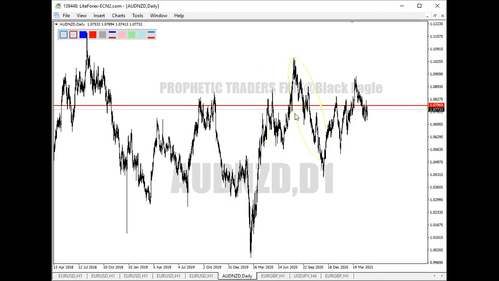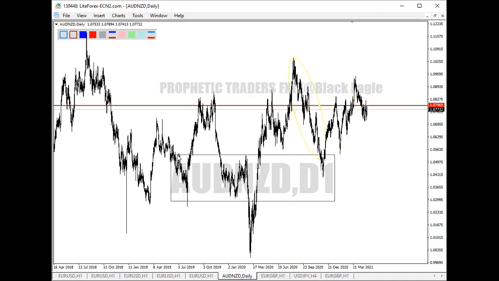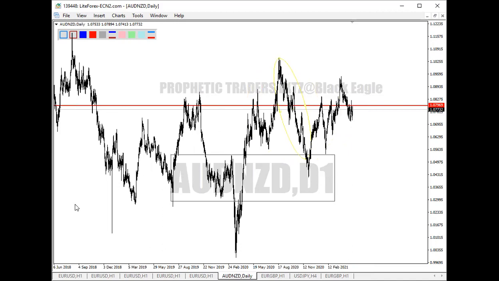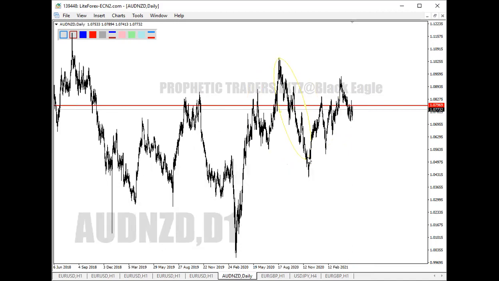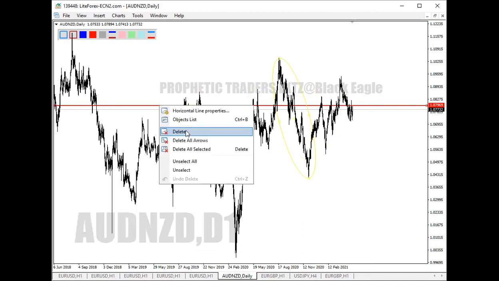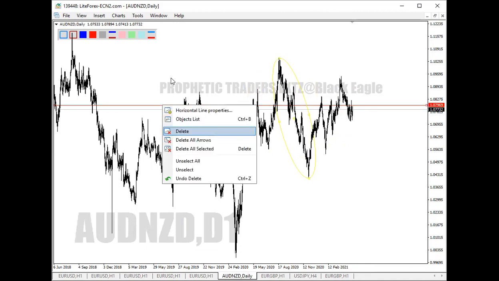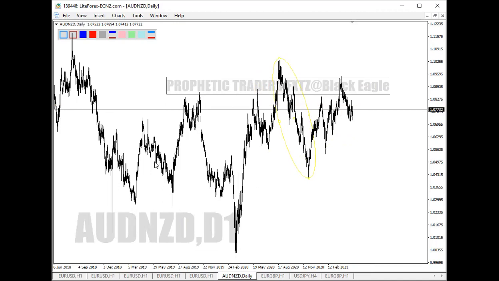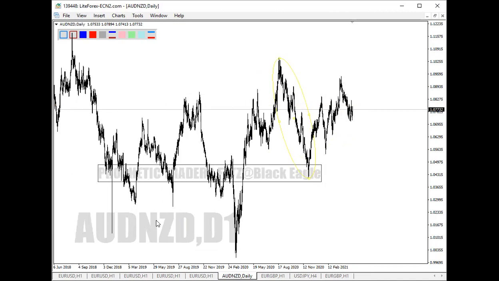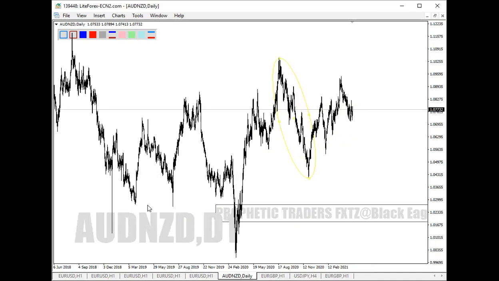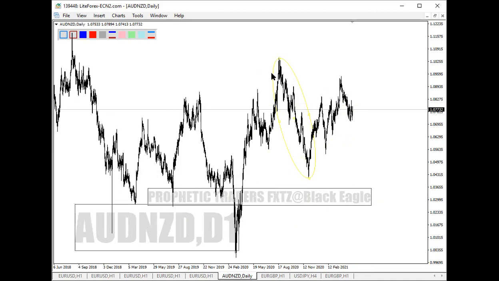This is the major trend, downtrend, right? This is very important since you should look at major trend, minor trend, and market structure. Then demand and supply. So this is the major downtrend. Within a major downtrend, there is a minor trend here.